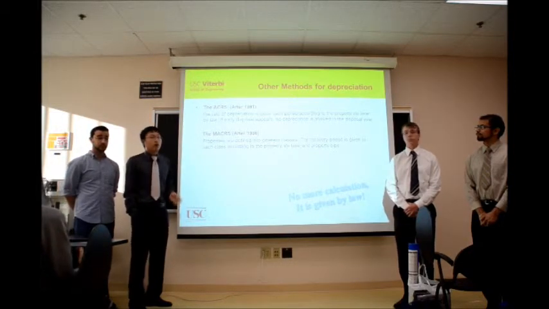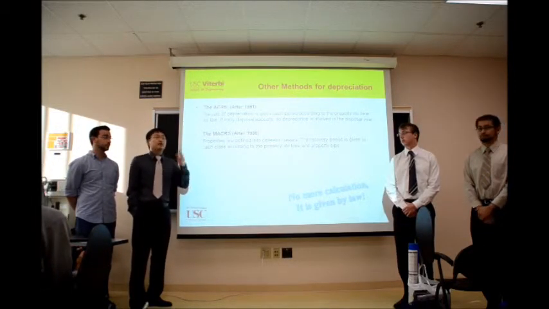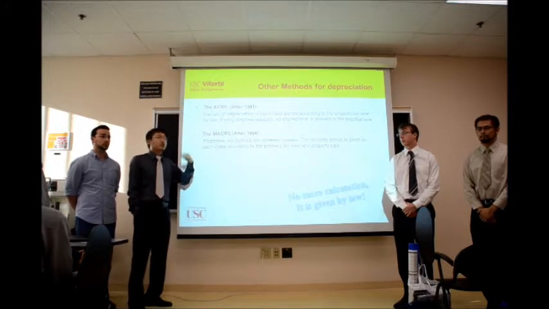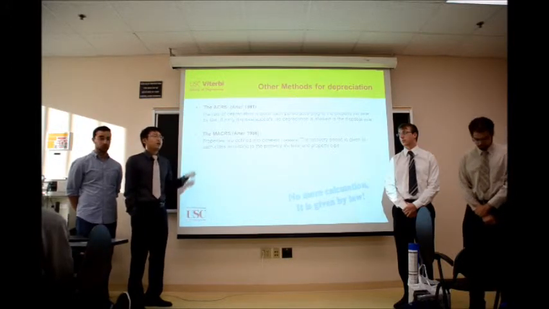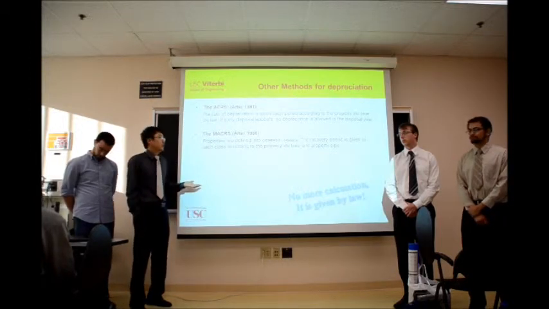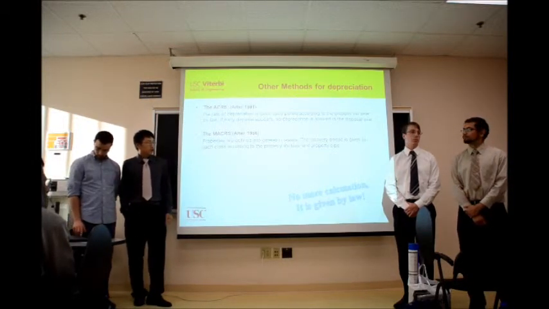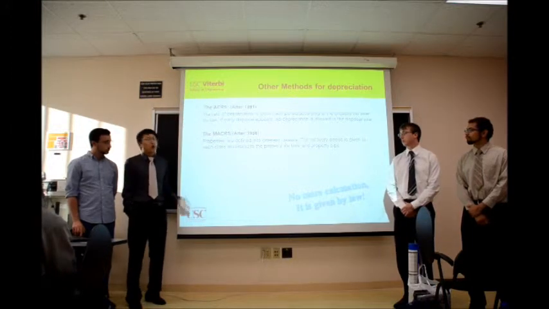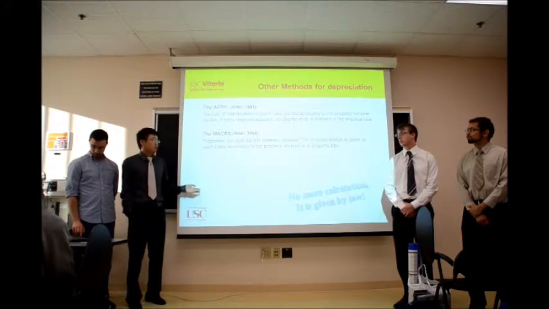So it's very simple. You have a property, you know its service life. You just go to the table and find out what depreciation rate you should have and calculate the depreciation. So from now on, no more calculation. All the things are given by law.